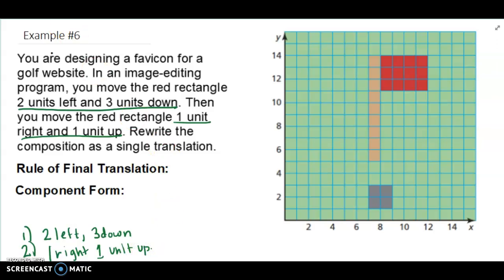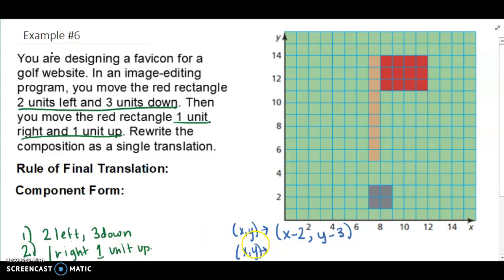All right. So if I were to write these in separate ones, I'd have x comma y goes to. Okay, if I go 2 left, that'd be x minus 2, comma, 3 down, y minus 3.